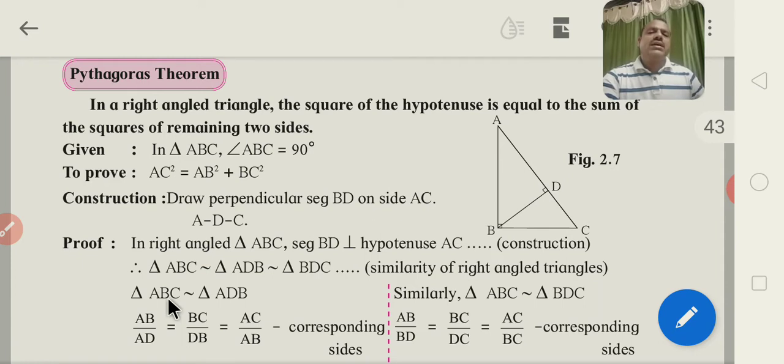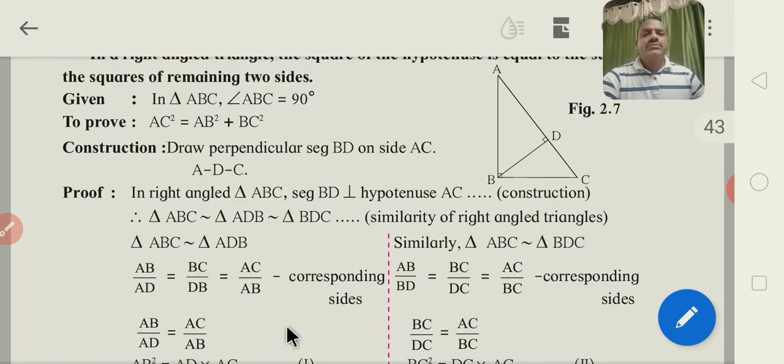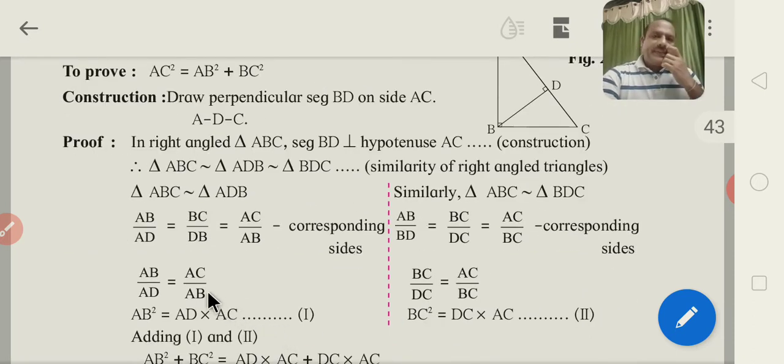Triangle ABC is similar to triangle ADB, and then the corresponding sides are proportional: AB upon AD is equal to BC upon DB is equal to AC upon AB. So AB upon AD is equal to AC upon AB.